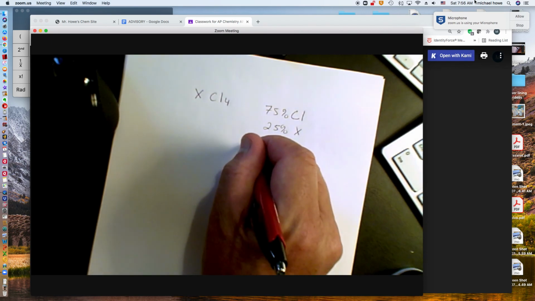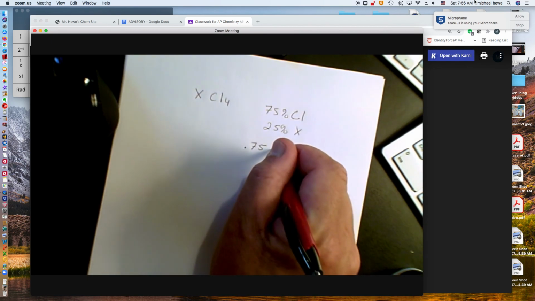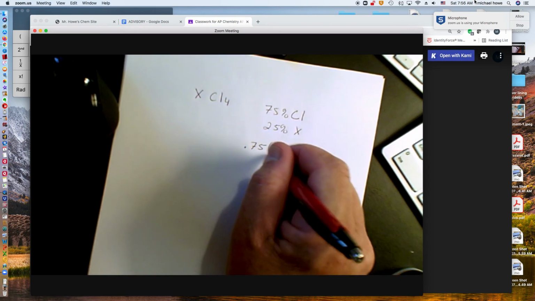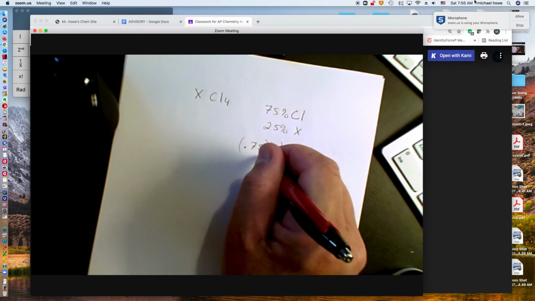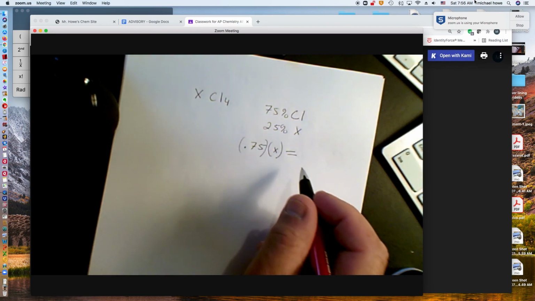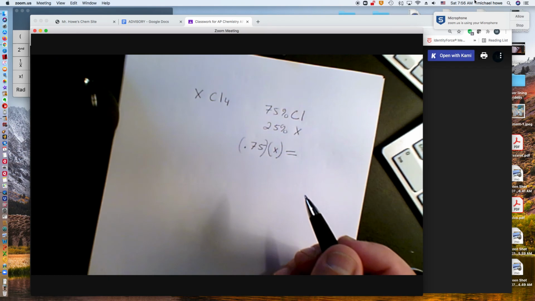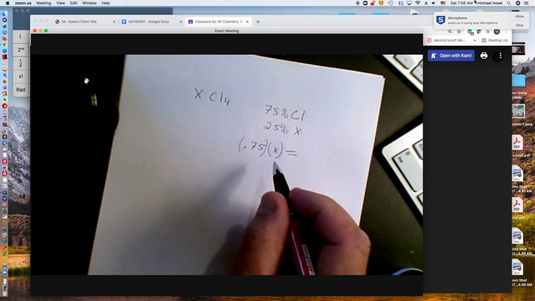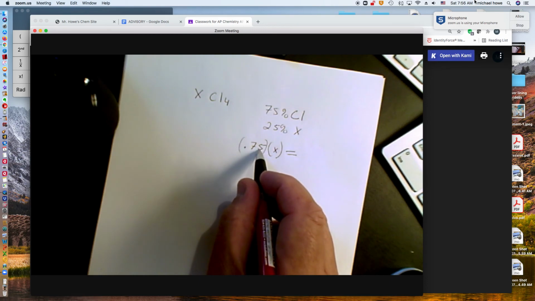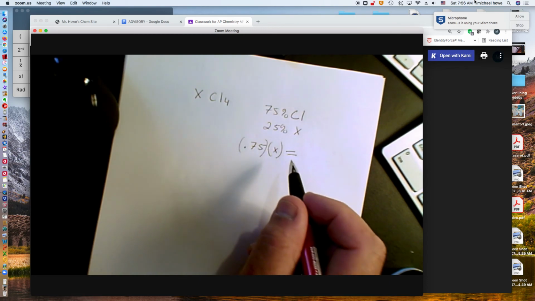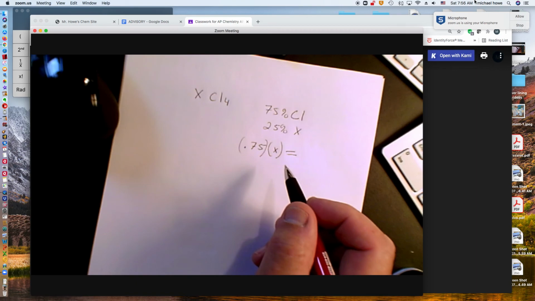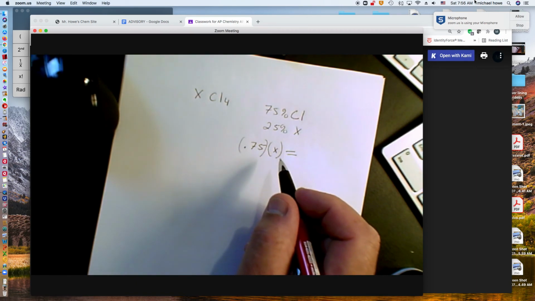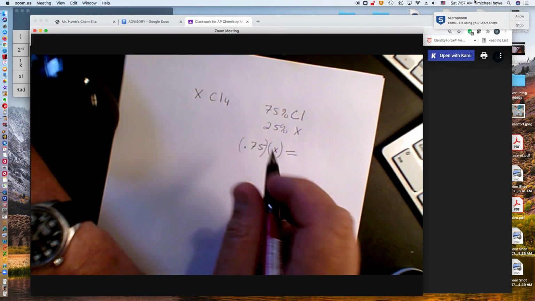So 0.75 times X, where X is the total weight, because when you're taking a percentage of a number, you multiply by the percentage. Like if there's a 20% discount on a couch, you go 0.2 times the price of the couch. And that would equal the mass of the chlorine.